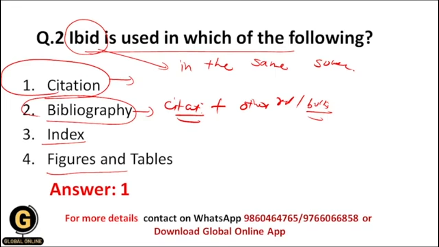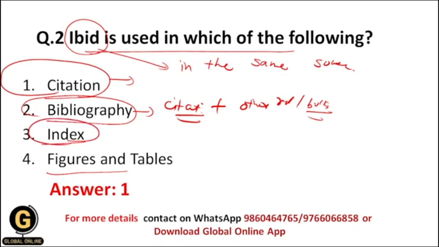This is nothing but the bibliography, and again IBID can be used in bibliography as well, but the primary use of IBID is in the citation itself, and then after that it comes in bibliography.